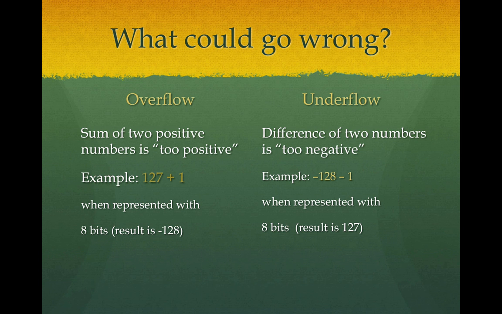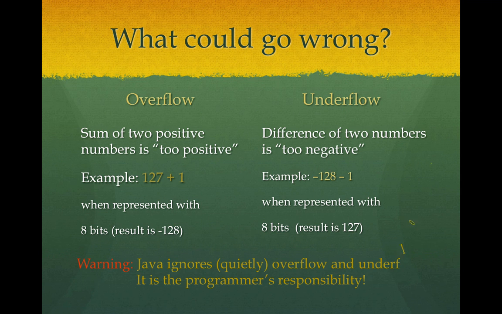What is critical to realize is that Java will not warn us about any of these operations if we try to do them. Java will quietly ignore overflow and underflow. It is completely up to us. It is the programmer's responsibility to know of these dangers and avoid them.